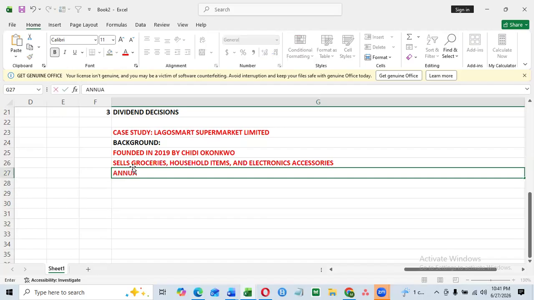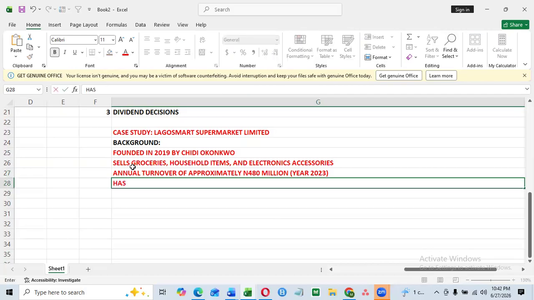We're also told that they have an annual turnover of approximately 480 million naira as at year 2023.